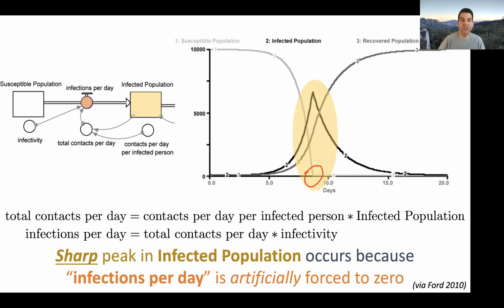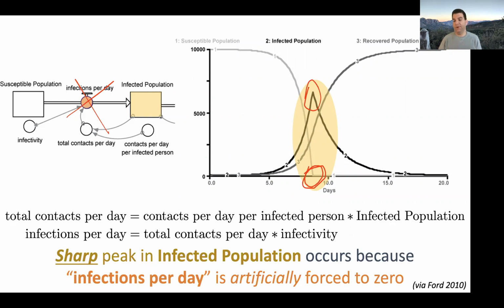Even though technically it should be a lot harder for the infected population to find new people to infect, this is not properly modeled here until the extreme case, when the number of susceptibles goes to 0. And in that case, it just artificially cuts off this flow. We need a more gentle cutoff to this flow.